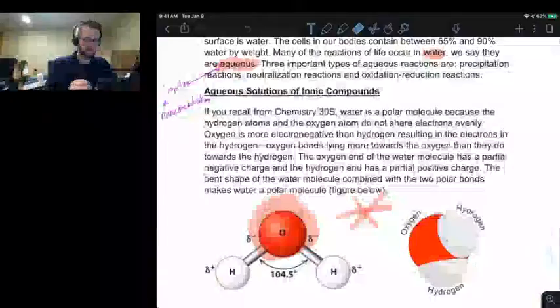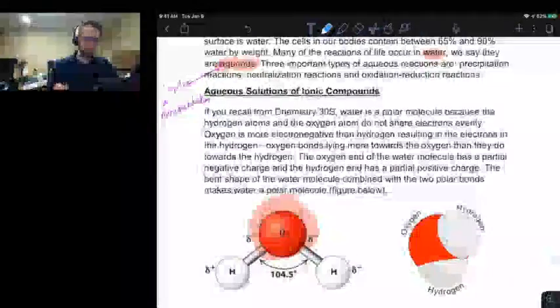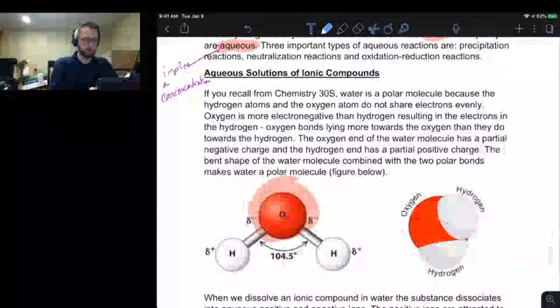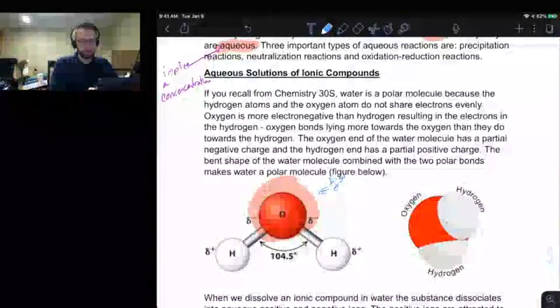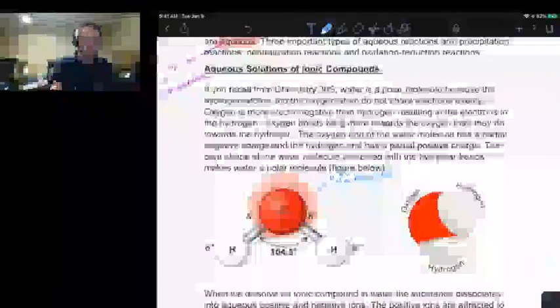Okay, so with the aqueous solution, so when we're talking about water, we've talked about in the past that oxygen is more electronegative, right? High electronegativity. It's pretty much the second highest electronegative element on the periodic table, and then hydrogen is pretty low. It's not the lowest electronegative element ever, but it is on the lower end. And so the result here is a very strongly polar covalent bond.